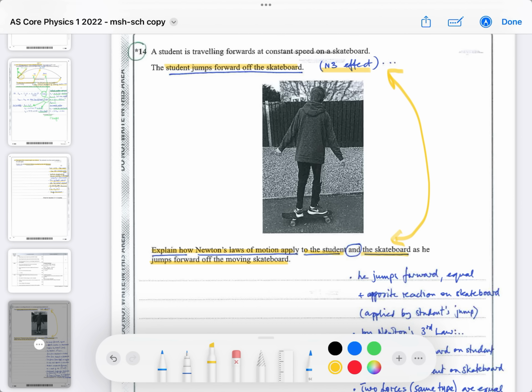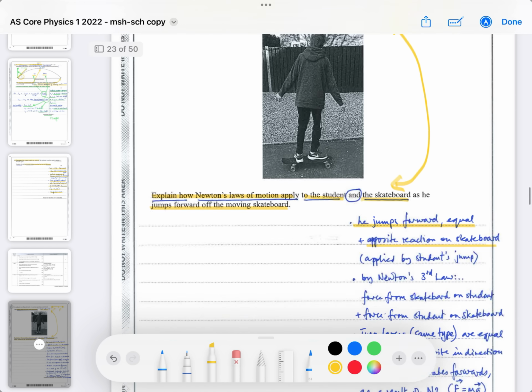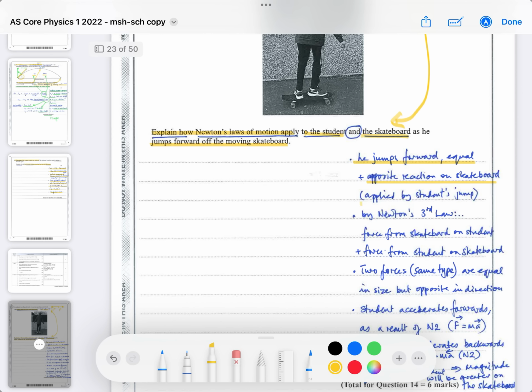This is Newton's third law effect: if one object gets a force forwards, then the other object will get a force backwards, and they're going to be the same size force on the two different masses, but the forces will be equal and opposite. So if he jumps forwards, there's an equal and opposite reaction on the skateboard. The force on the skateboard is the one applied by the student's jump, pushing the skateboard back, because that's due to Newton's third law.